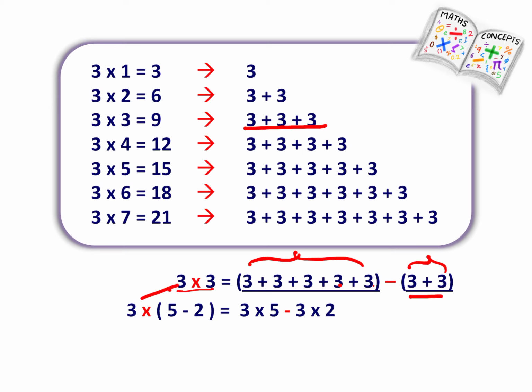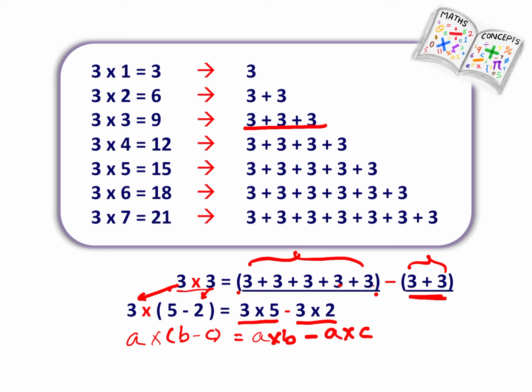So here I have written 3 as it is and this 3 as 5 minus 2, and here I have grouped these 3's as a group of 5 minus a group of 2 3's, which gives me 3 into 5 minus 3 into 2. And this is the generic form of distributive property of multiplication over subtraction, which is a into (b minus c) is the same as a into b minus a into c.